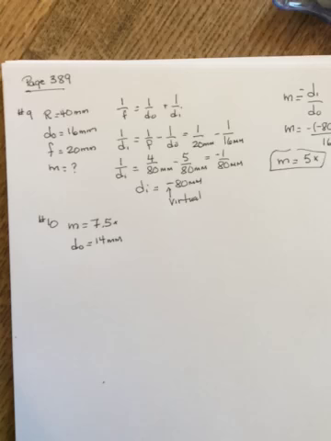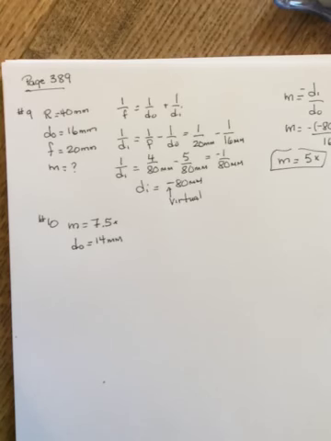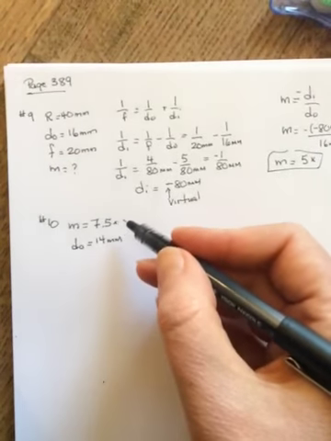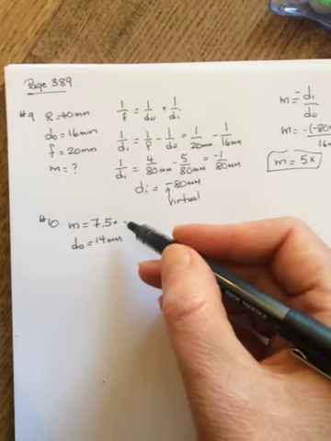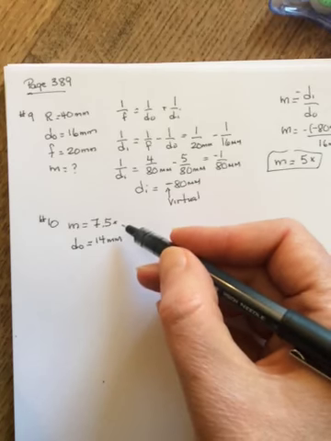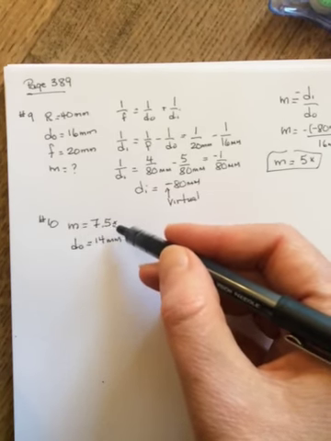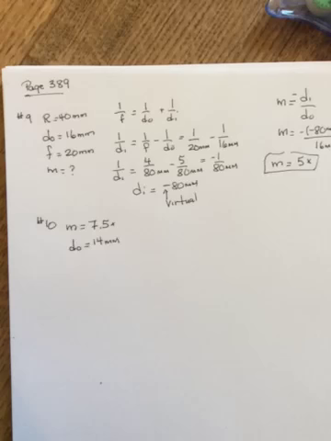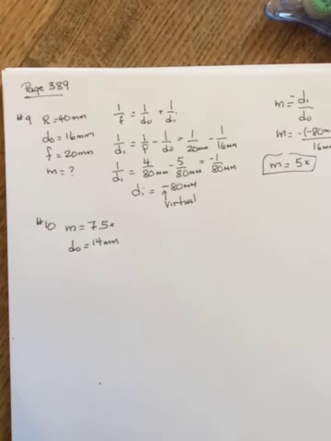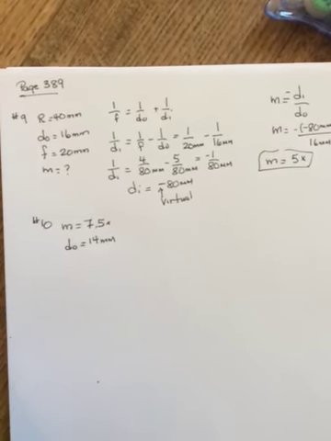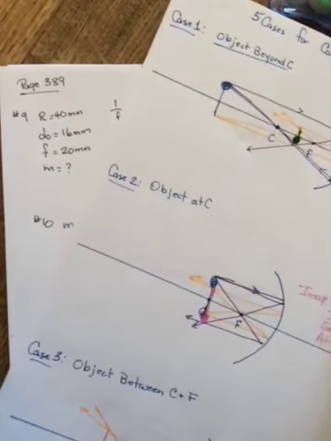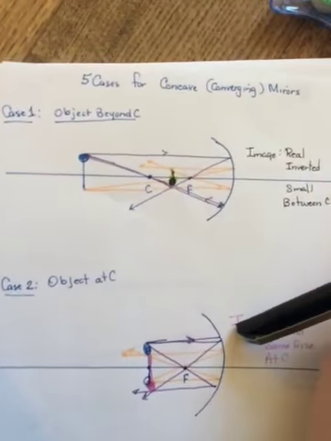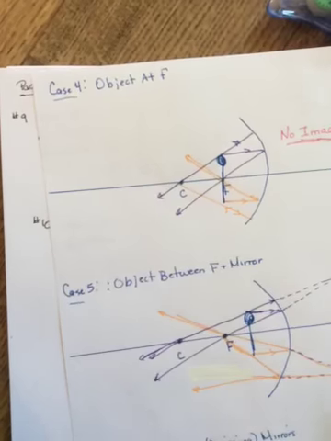Okay, and it wants to know what kind of mirror would do this job and what is the radius of curvature. If you wanted upright, it means you wanted virtual, and if you wanted virtual and it's bigger, the only mirror that gives you virtual and bigger is, back to our cases for mirrors, there's 2 virtual cases.